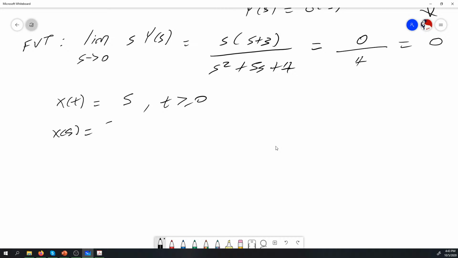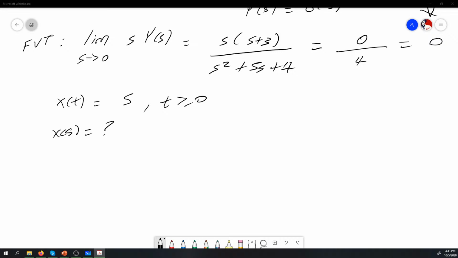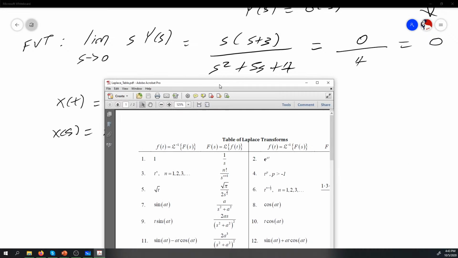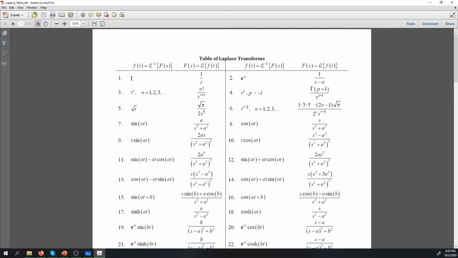So what is going to be our x of s? And if we go back to our Laplace transform table here, we can see here that for any constant, in this case it being 1, this is going to be represented as 1 divided by s accordingly. So if we have 5 here, that means it's going to be 5 divided by s.